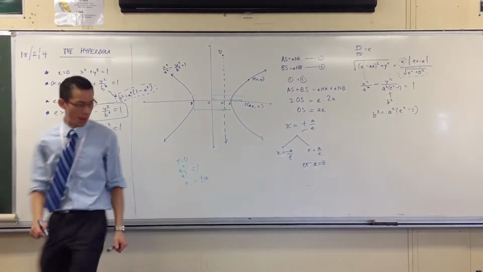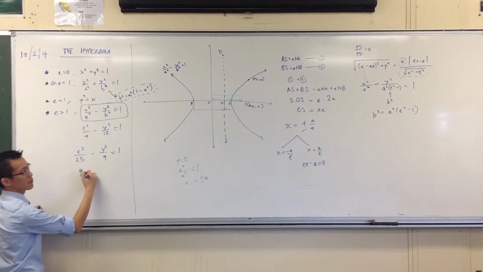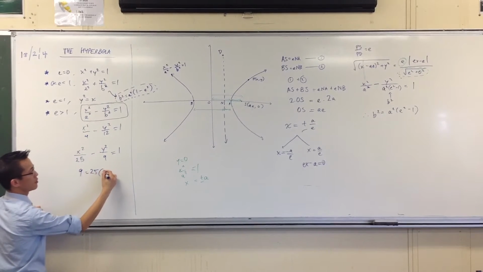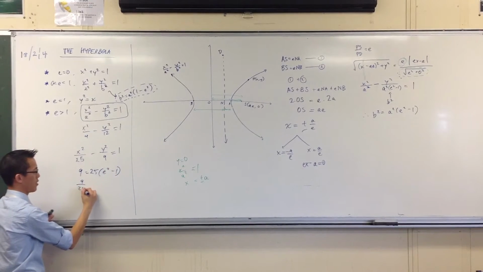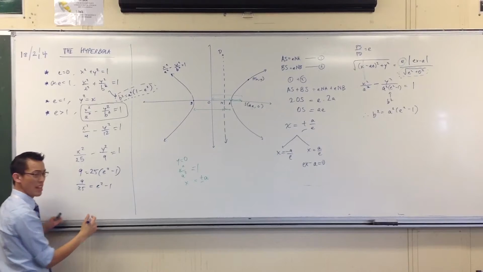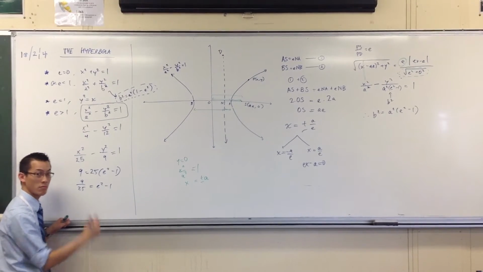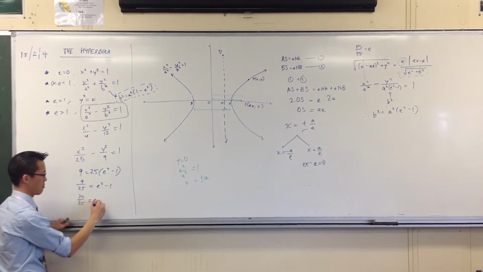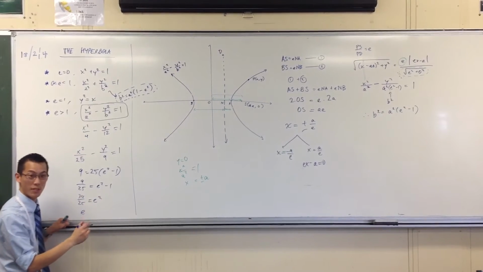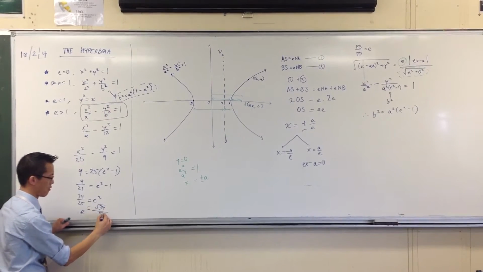B squared is 9, equals 25 (e squared minus 1). 9 on 25, add 1 gives you 34 on 25. So e, we're taking the positive value because it's a ratio, so it's the square root of 34 on 5.